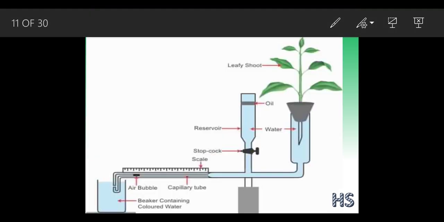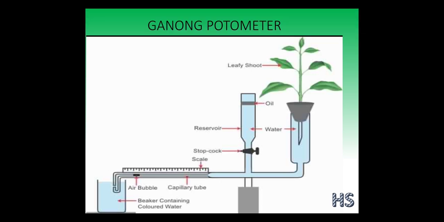This is a Ganong's potometer. This Ganong potometer is very useful. There are various potometers, but the Ganong potometer is very well known. Why is it very well known? Because it works with perfection.